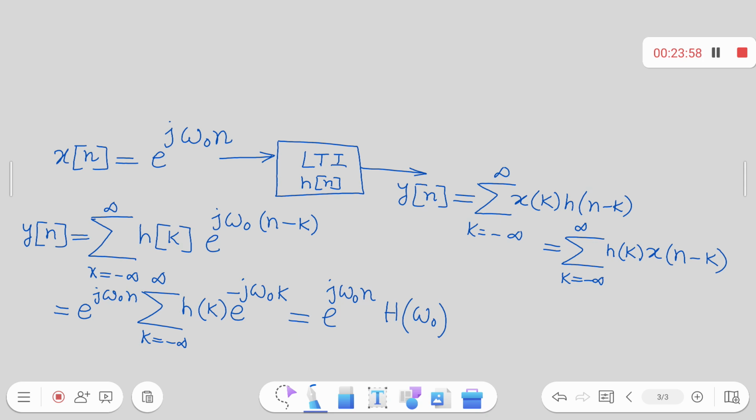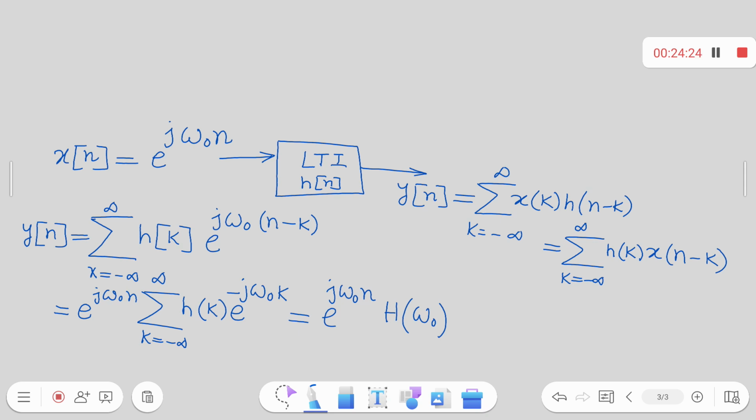And remember this e to the power j omega naught t, since it involves cos and sine, is a periodic signal, right? It's a periodic one. Now, there is no such guarantee that your signal is always like a sinusoidal signal. A complex sinusoid might not be.